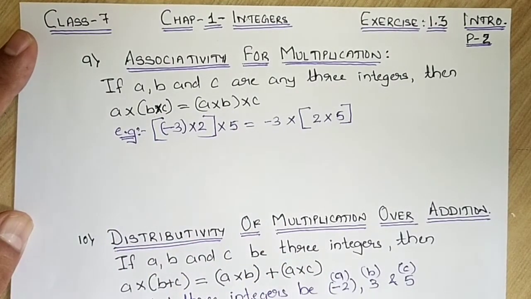That is called associativity for multiplication. Let us take one example.